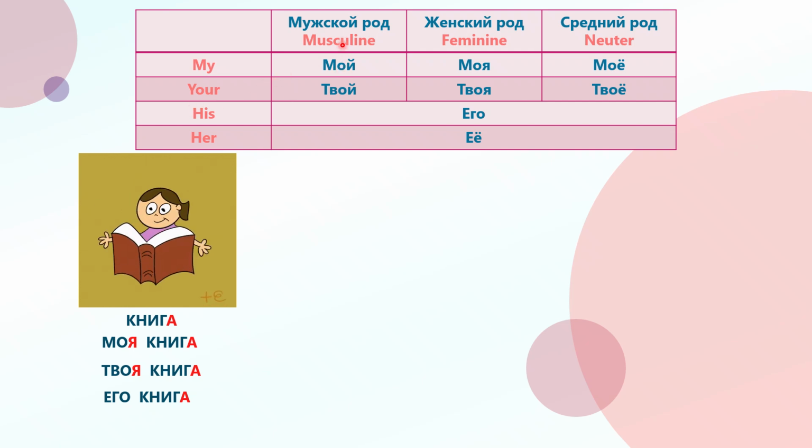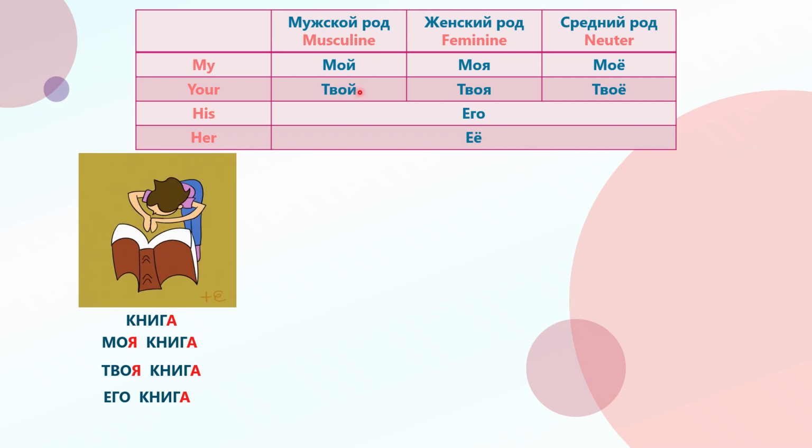Мой for masculine nouns, моя for feminine, and моё for neuter. The same with your. We have also three options here for each gender. Твой, masculine. Твоя, feminine. Твоё, neuter.